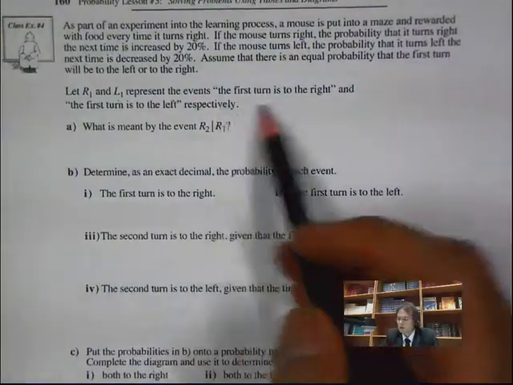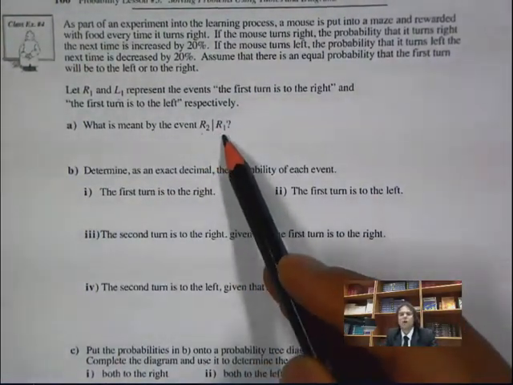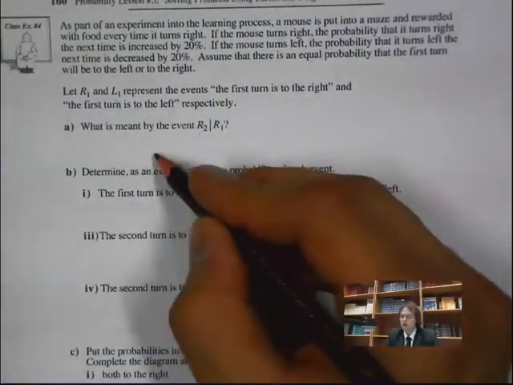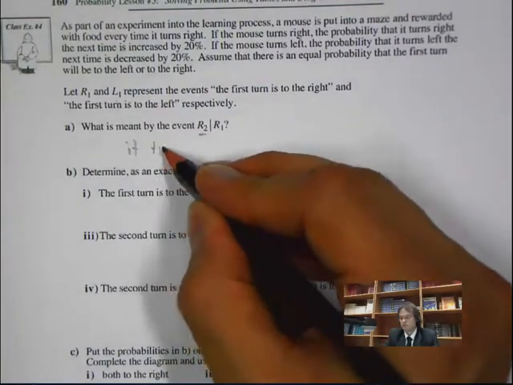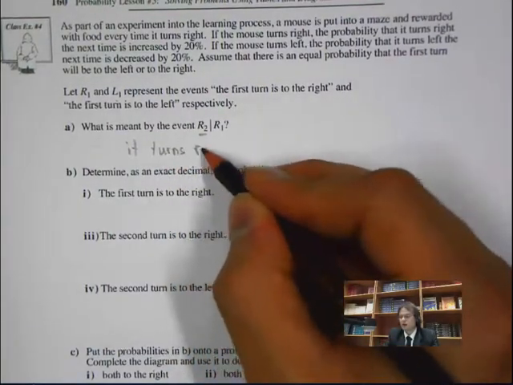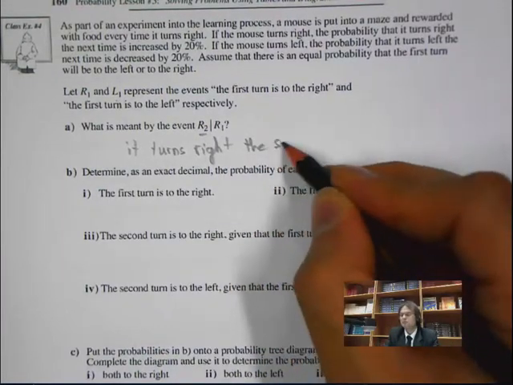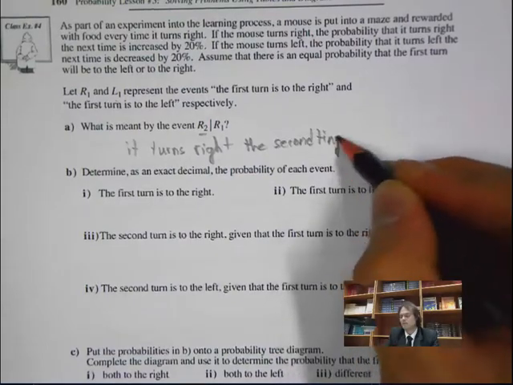So what is meant by R2 given R1? This is saying that it turns right the second time, given that it turned right the first time.